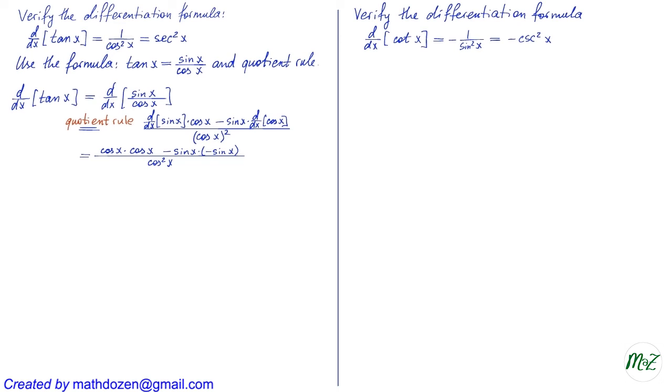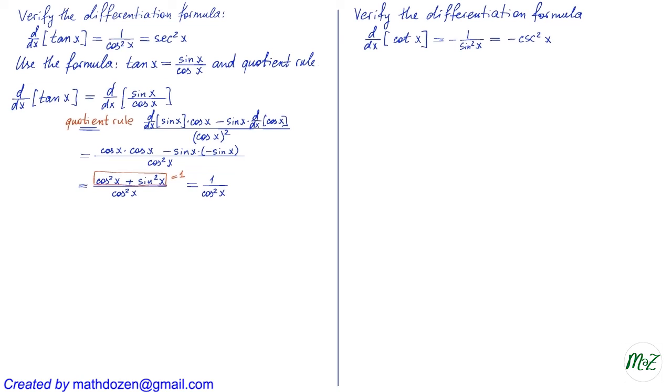So now we can simplify this a bit more. Cosine times cosine gives us cosine squared. Negative times negative gives us positive. Sine times sine gives us sine squared. So we have cosine squared plus sine squared, all of that over cosine squared. And the better way to state it is to notice that cosine squared plus sine squared is equal to 1 by the trig identity.